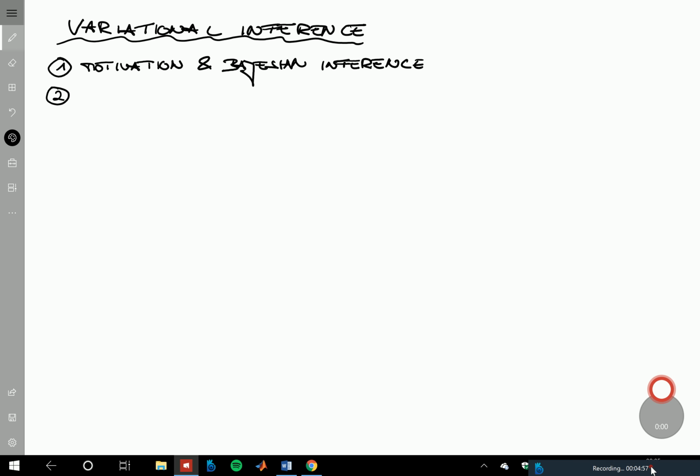So today, that's what we want to do: mainly focusing on motivation and getting started with Bayesian/probabilistic inference. Then next time we want to talk about multivariate Gaussian inference.